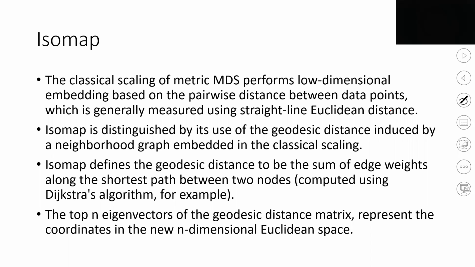So Isomap is classical scaling for MDS, based on the pairwise distance between data points. The difference is that it uses geodesic distance, which is derived or induced from the neighborhood graph.